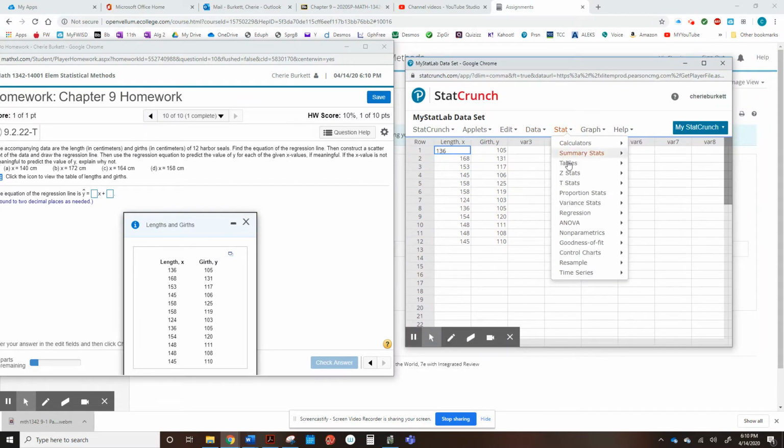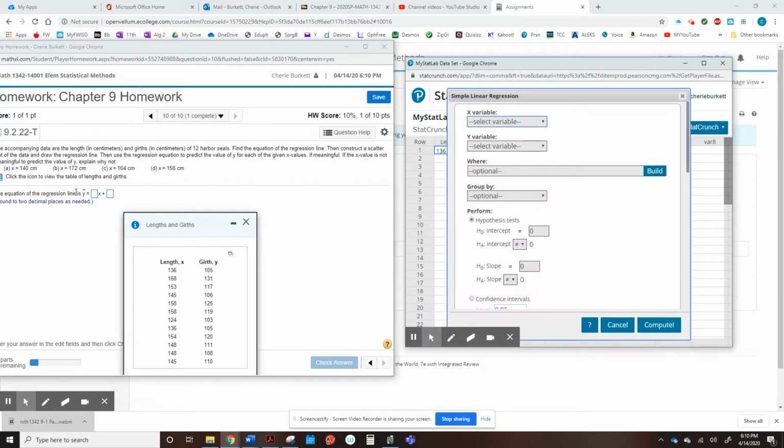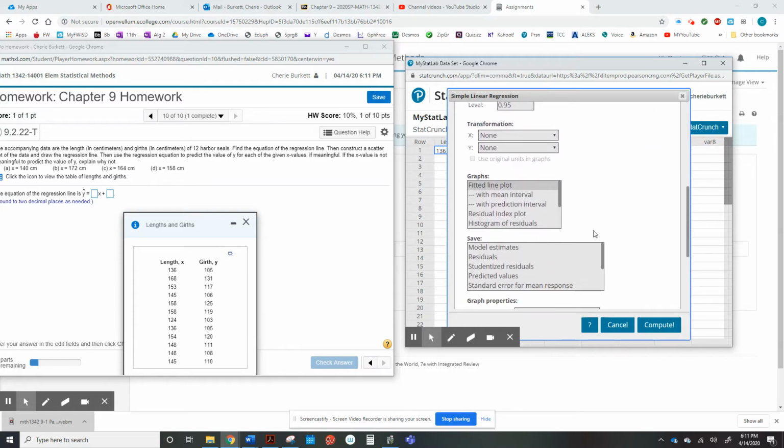You just go to Stat and you go over to Regression, Simple Linear, because the first thing it's asking you for is your linear equation. So on this one, you want the length X, the girth Y. You come down.